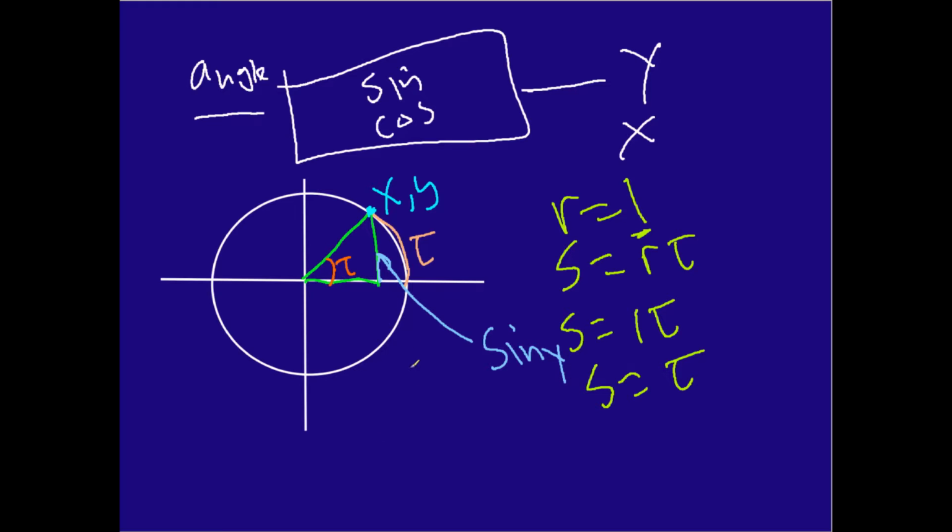Now, cosine, actually I have space right here. Cosine is this side right here, the adjacent side, if you will. I'm kind of foreshadowing a little bit. Cosine, in other words, is going to be the x value of the terminal side when it intersects with the unit circle. So this x value right here. Now, why it is like that, well, that's kind of beyond the video right now.